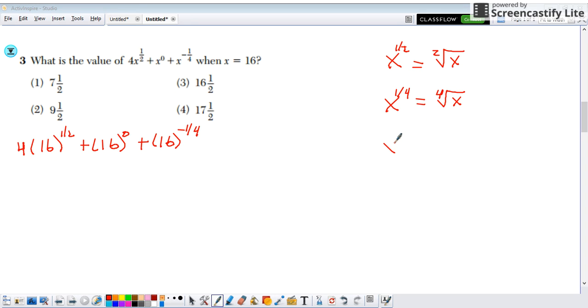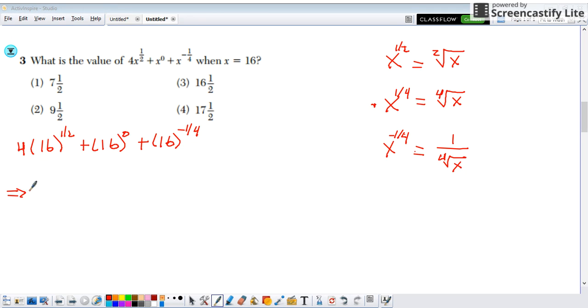And x to the negative 1/4, you can express it as 1 over the 4th root of x. Whenever your exponent is negative, you want to flip it and apply the second bullet point here. Now, let's come back to our example.